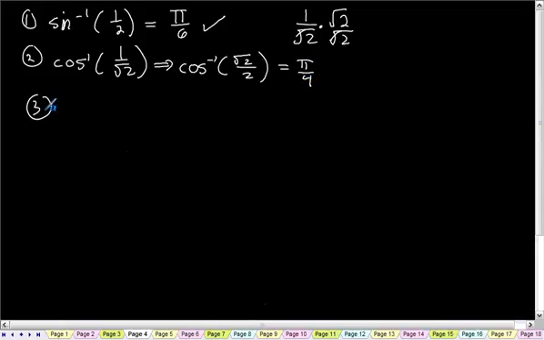Number 3, we have the cosine of the inverse sine of radical 2 over 2. Notice what it's asking.